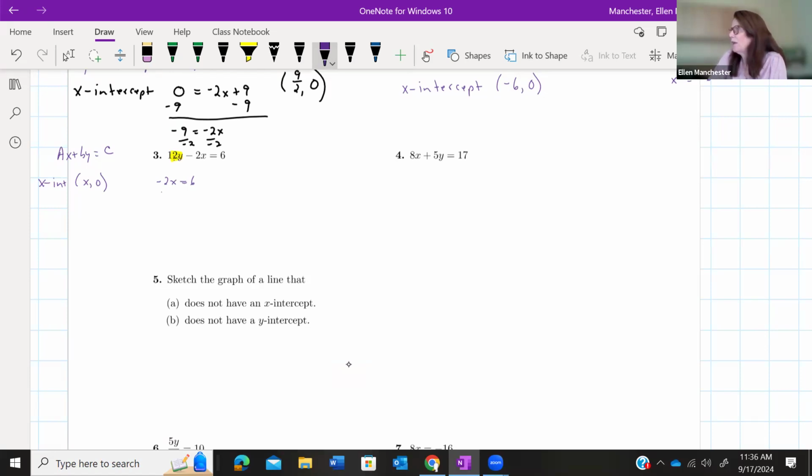So I end up with -2x equals 6. And then I divide both sides by -2. And I get x equals -3. So my x-intercept is at -3 and 0, just by covering up the y term. And the reason why I cover up the y term is because y is 0, so it dumps out.